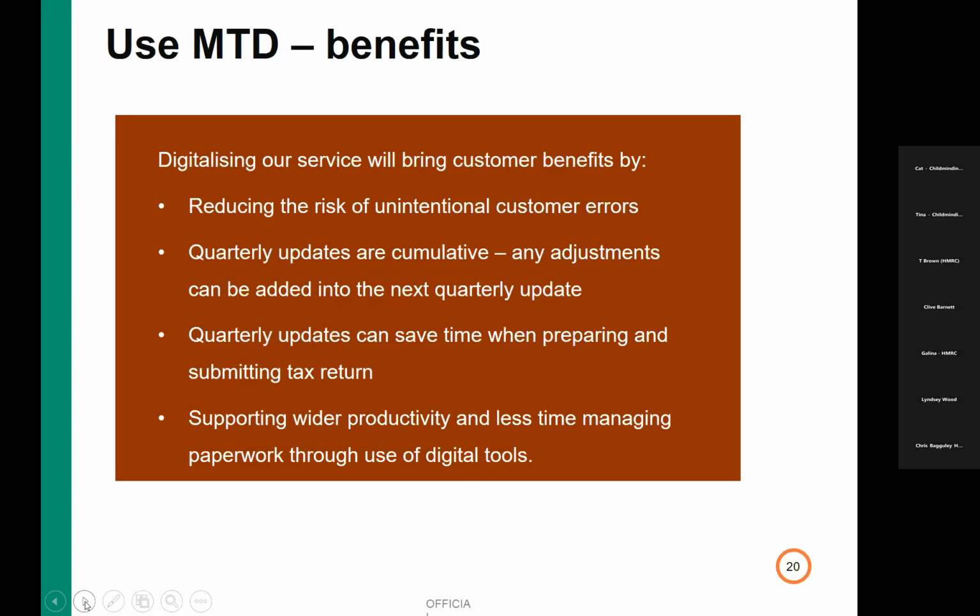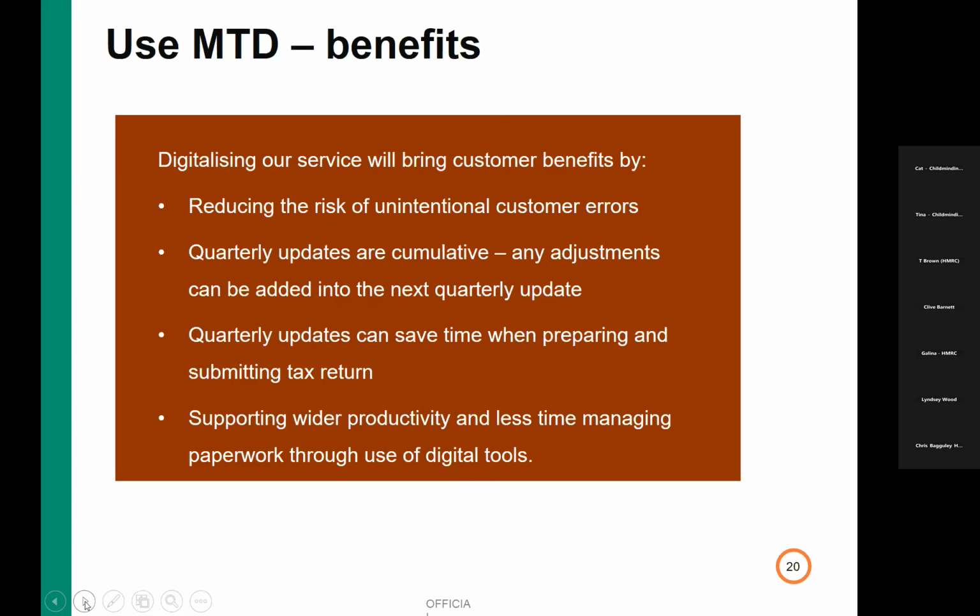However, a few things that we would emphasize, and I think the first one may not be the most striking, but it's the very essence of why MTD is happening. There were lots of good reasons for us to be doing this, and digitizing the tax service.